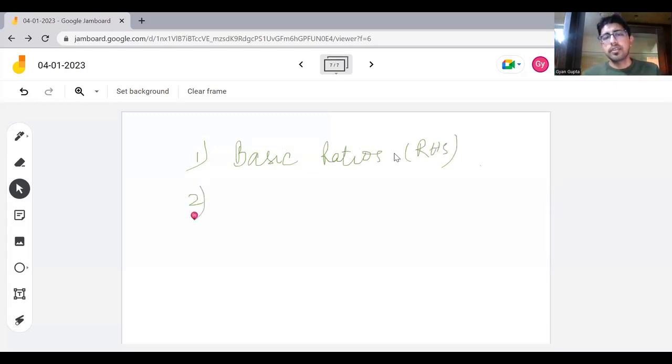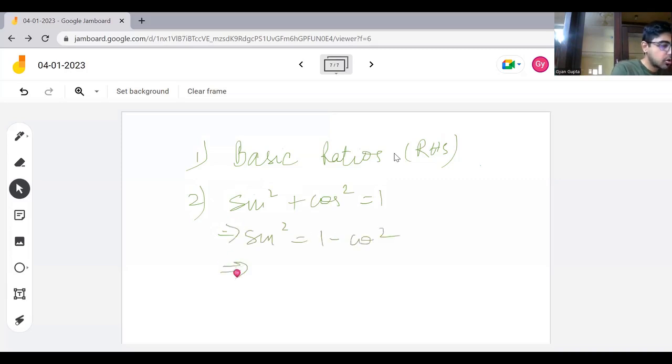The second thing that helps me are the three trigonometric identities. Sine square plus cos square is equal to 1. This can also be written as sine square is equal to 1 minus cos square. This can also be written as cos square is equal to 1 minus sine square.